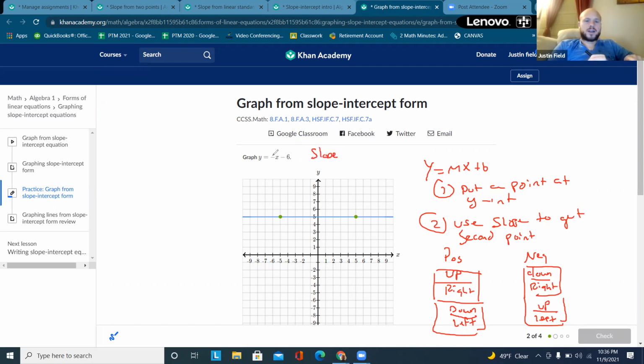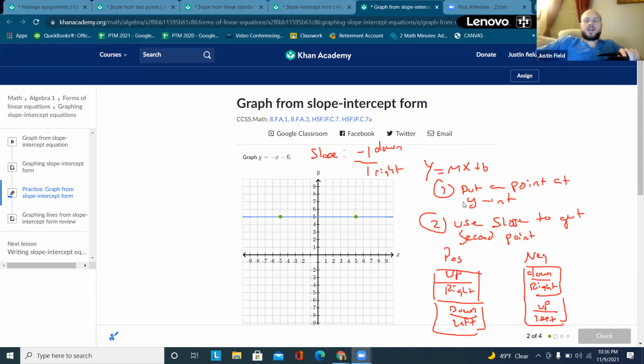You see that right here, the negative sign? So I'm going to write it as -1/1, so that it's a fraction. Always make your slopes into fractions. So now we know the slope is negative, so I'm going to go down and right. That means I'm going to go down 1 and the numerator is 1, so I'm going to go right 1.